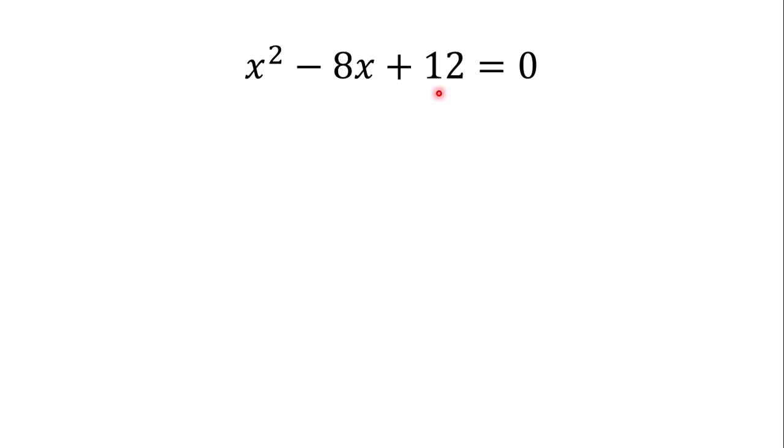Alright, so we have 1 and 12, and we also have 2 and 6, 4 and 8, 3 and 4, or 4 and 3. But after getting the factors, you have to find out which of those factors will give you this minus 8 here.